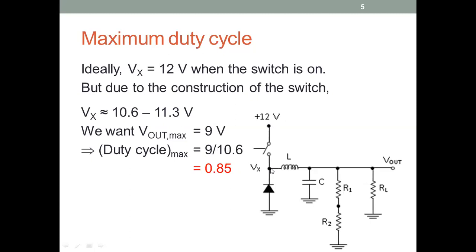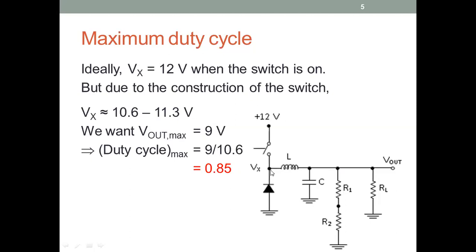Now, if you recall, the specs for the design of the buck converter are that you want the output to be able to vary from 2 to 9 volts. So the highest output you want is 9 volts. Now this is 9 volts, and this is, let us say, 10.6 volts, the minimum value, so that we design for the minimum possible value.